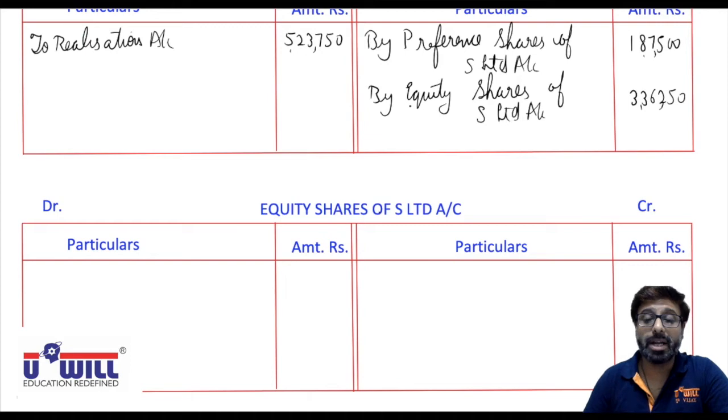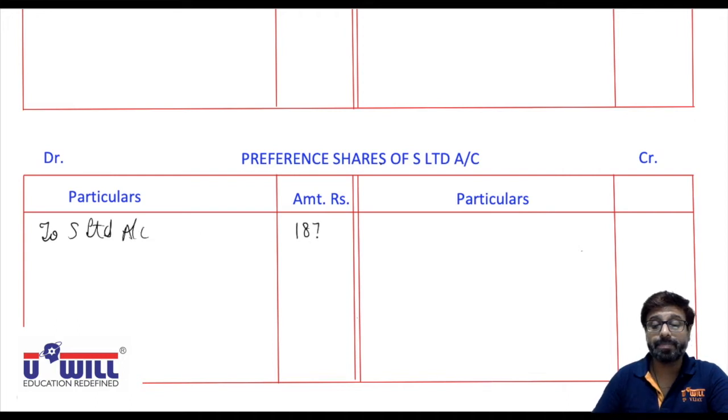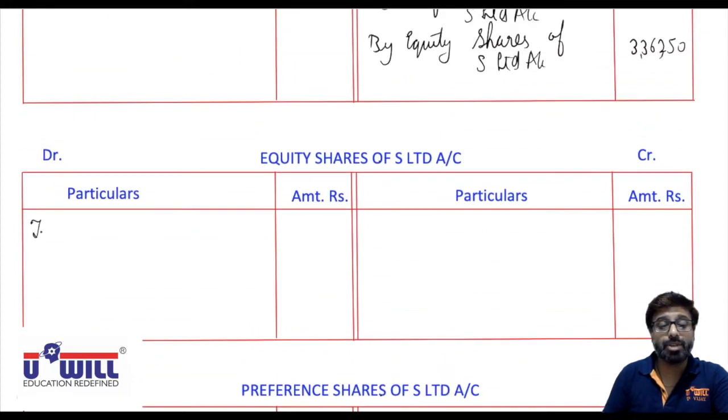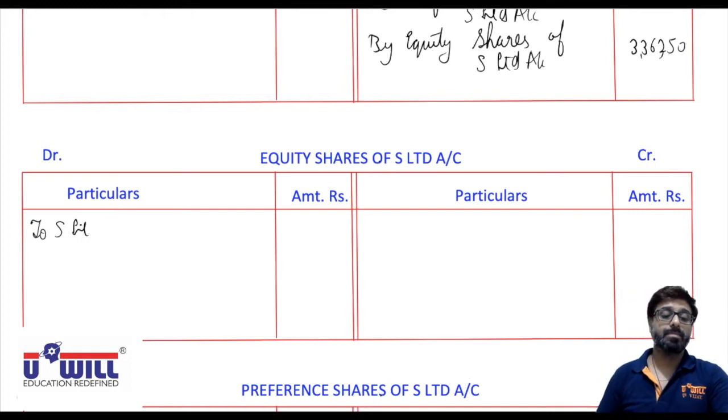Opposite side in both the accounts, preference shares on debit side to S Limited account 187,500. Equity shares on debit side to S Limited account 336,250.